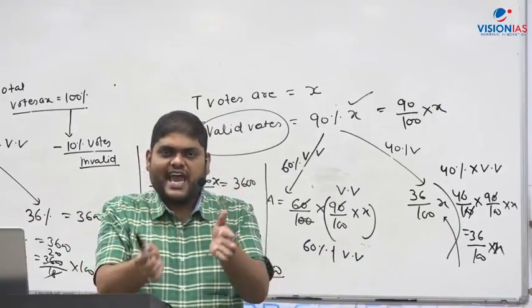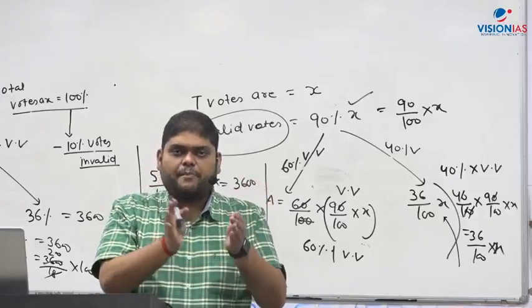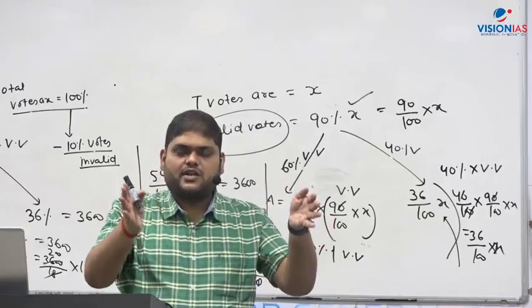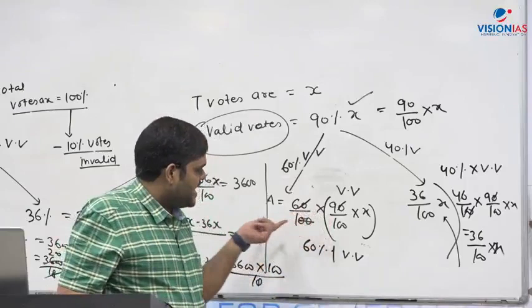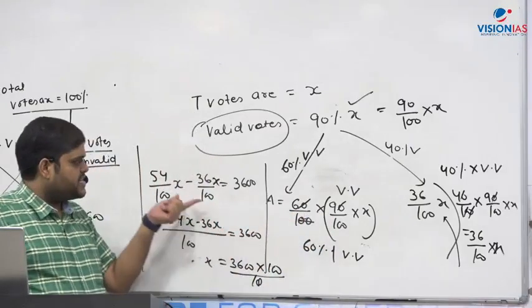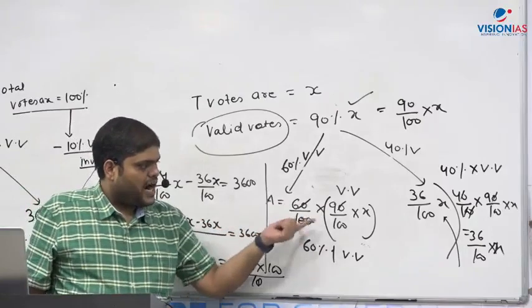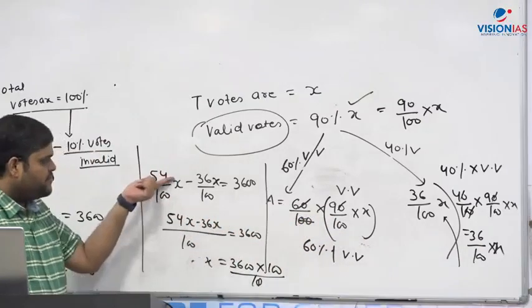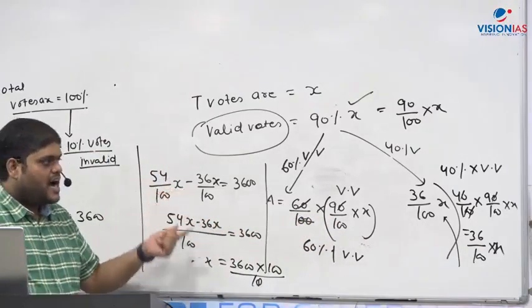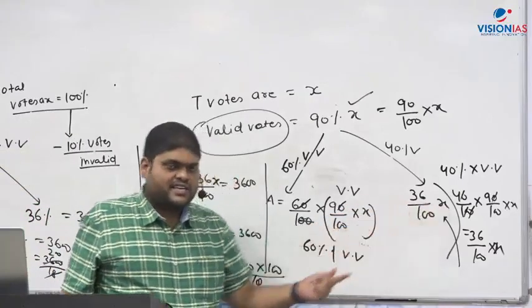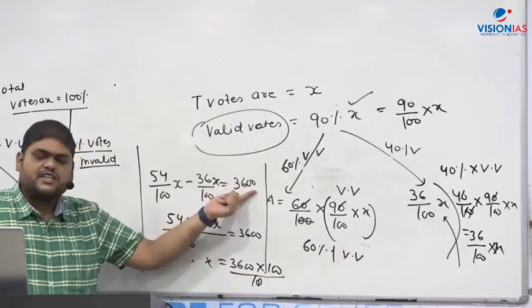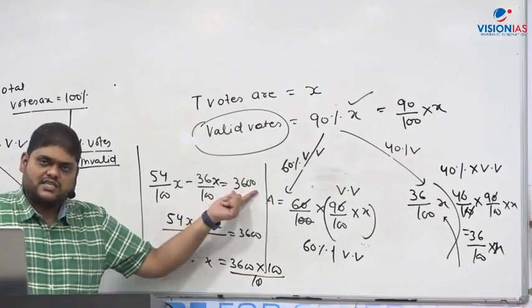So if A is getting extra votes, that means if I subtract both persons' votes, I will get the extra votes. Same thing I have done. I have subtracted the B vote from the A vote. After solving this, that becomes 54 upon 100 x, and this becomes 36 upon 100 x, and the subtraction of this is equal to 3600.